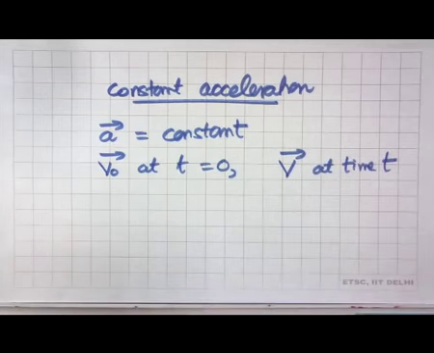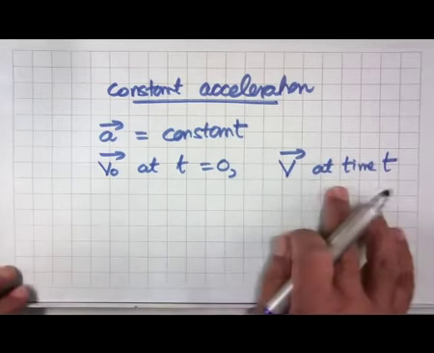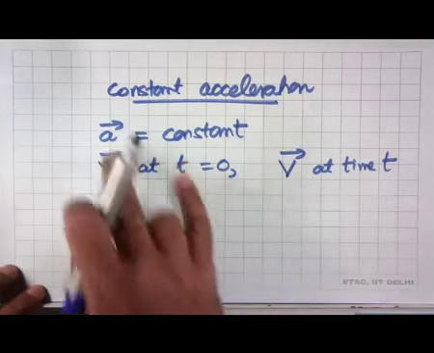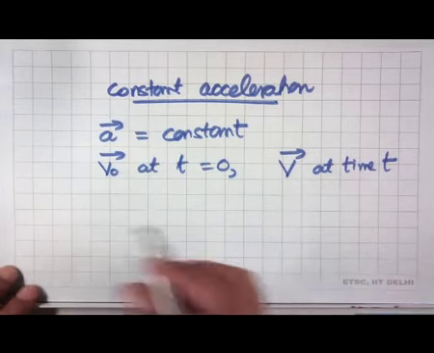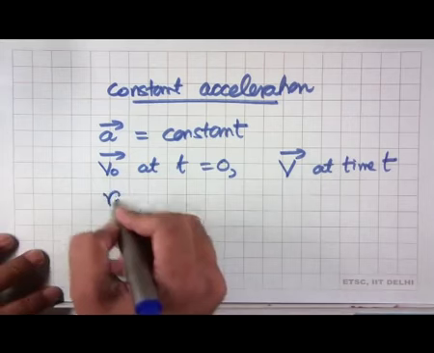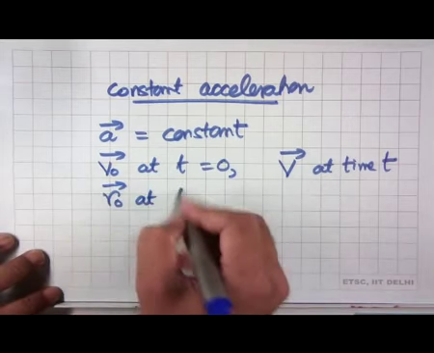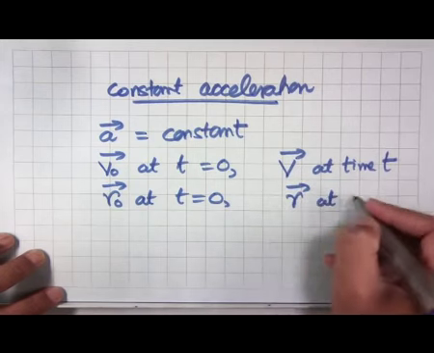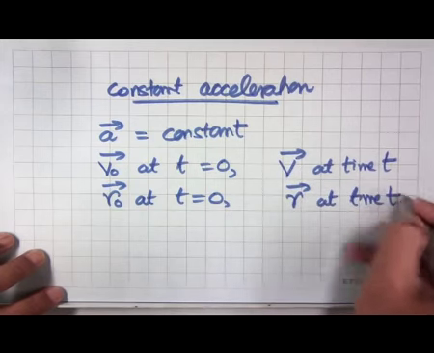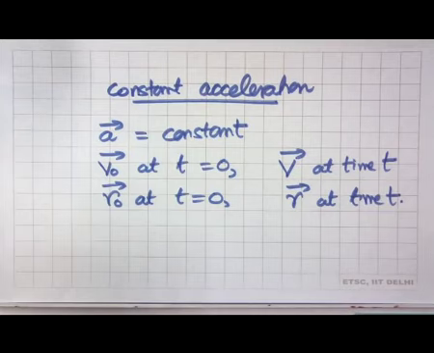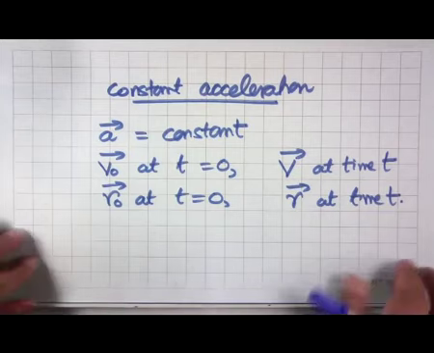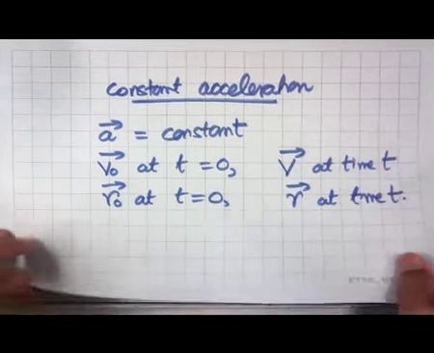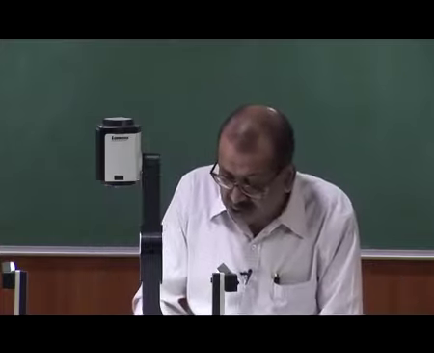So, what we would like to find out is what will be the velocity v of this particle at time t, and if the particle is at a position r0 at t equal to 0, then what will be its position at a time t later if it is moving with constant acceleration. So, the first thing we do is, we know the acceleration is constant.